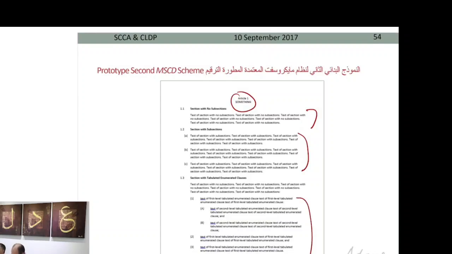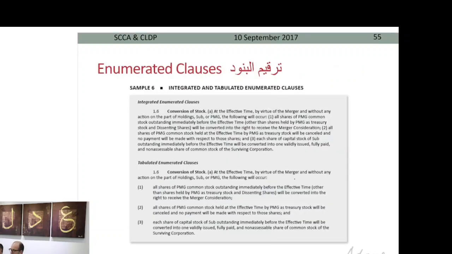Like, these are all enumerated clauses. Enumerated clauses are different from sections and subsections because enumerated clauses are inside one sentence. And you use enumerated clauses when you have a sentence that includes a number of separate but parallel ideas.